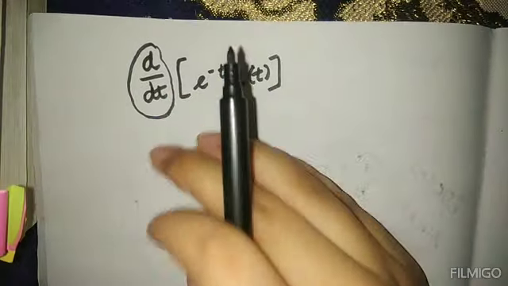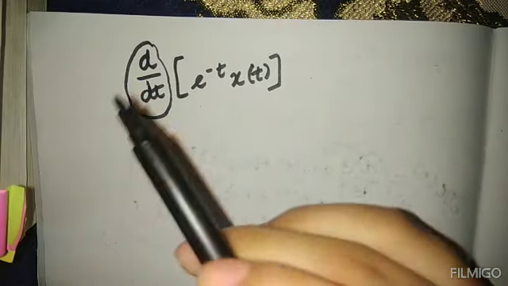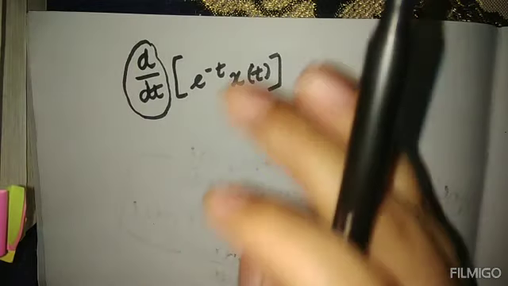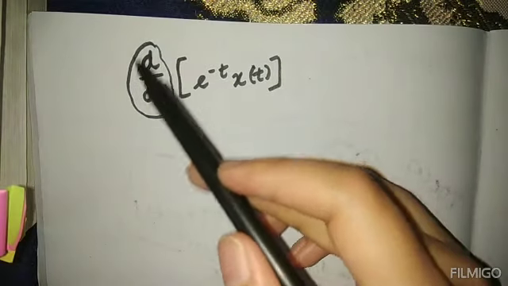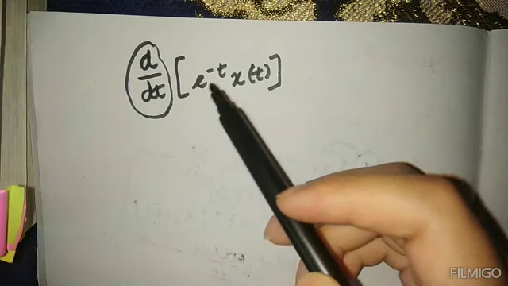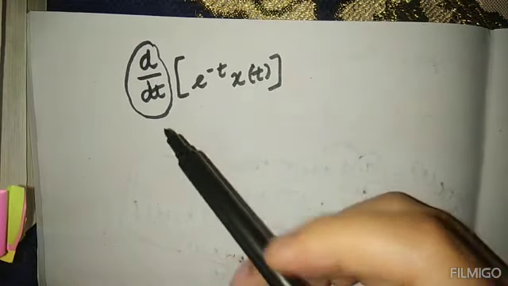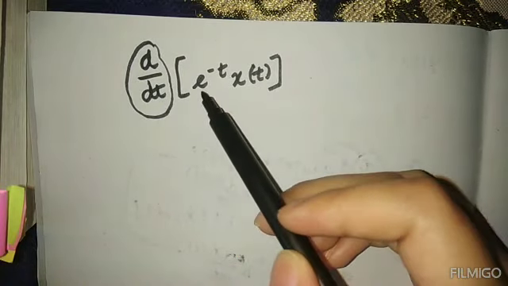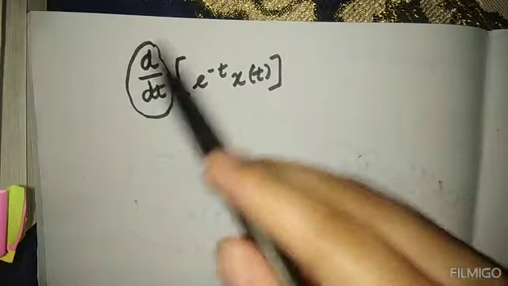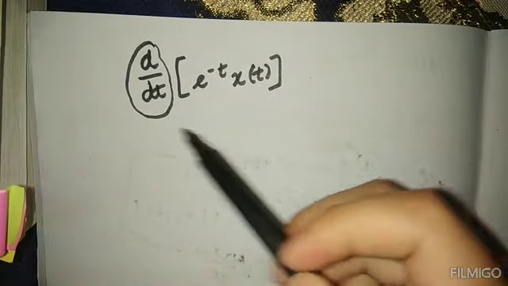So therefore I can say that it is a linear system. Like in the case of a single transformation of x1 of t and x2 of t, you get d by dt of e to the power of t into x1 of t and d by dt of e to the power of t into x2 of t. You get a single transformation, right?